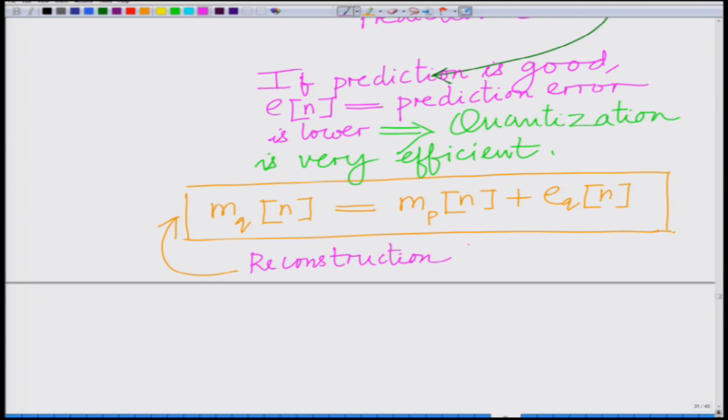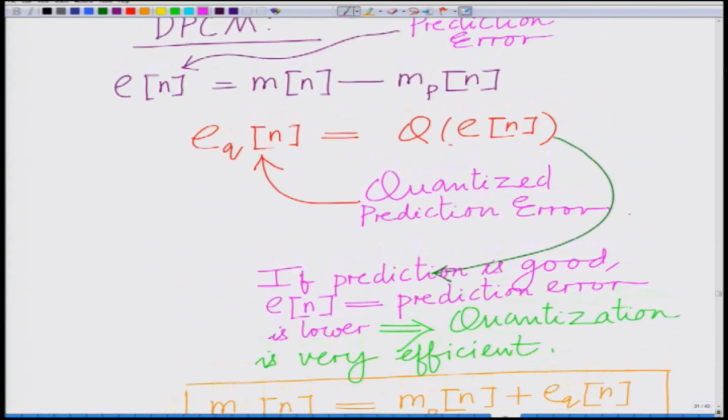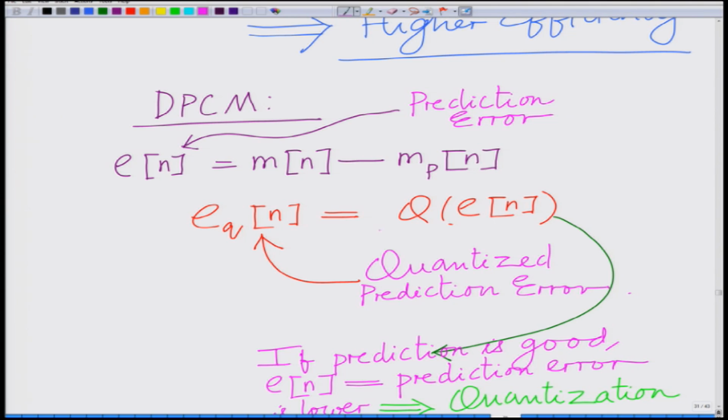And in addition, one other thing that you have to observe, this q[n] need not be 1 bit. For instance, in delta modulation, it is simply delta times the sign, that is plus or minus delta. However, in DPCM it can be an arbitrary number of bits. Of course, the larger the number of bits, the better the quantization, the better the reconstruction or better the quality.